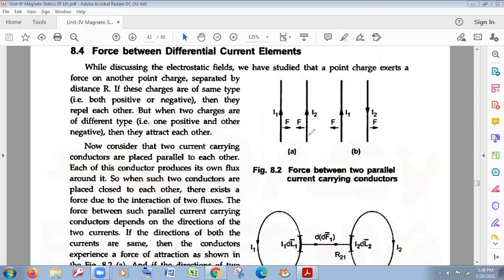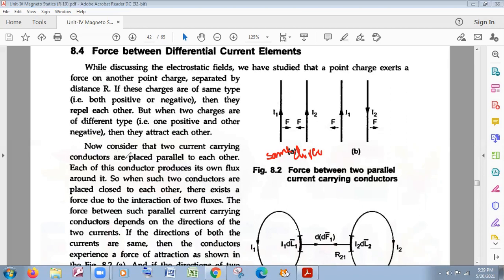And in another conductor, I2 current is passed. So both the currents are in the same direction, then the force is attraction. Same direction means there is an attraction between the two conductors.